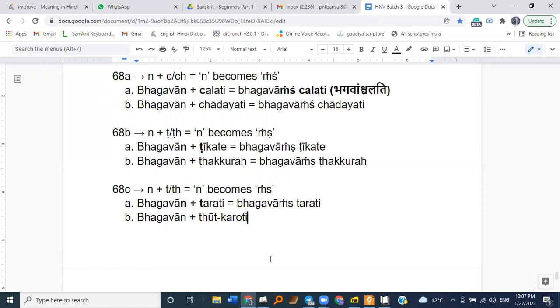Because we are studying Harināmāmṛta Vyākaraṇam, you can see the examples Jīva Gosvāmī is giving are all related to Krishna, Bhagavan. So Bhagavan Yukta Thut Karoti. Again, Bhagavans Thut Karoti.